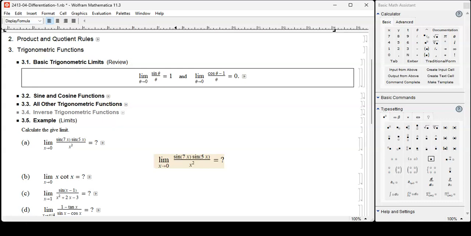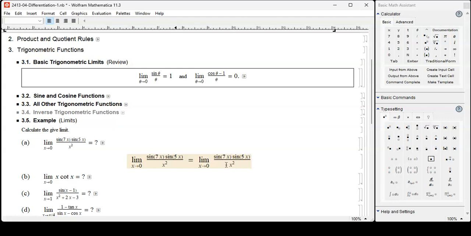Which trig rule do you want to use in this case? Number 1, sine. Number 2, cosine. Come on, that's too obvious. Both functions here are sine functions, so clearly you'll have to use the sine rule here.